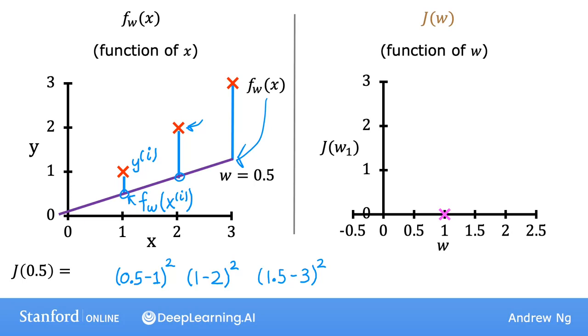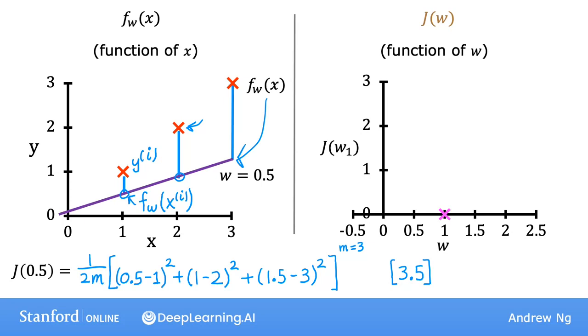Next, we sum up all of these terms, which turns out to be equal to 3.5. Then we multiply this term by 1 over 2m, where m is the number of training examples. Since there are 3 training examples, m equals 3.